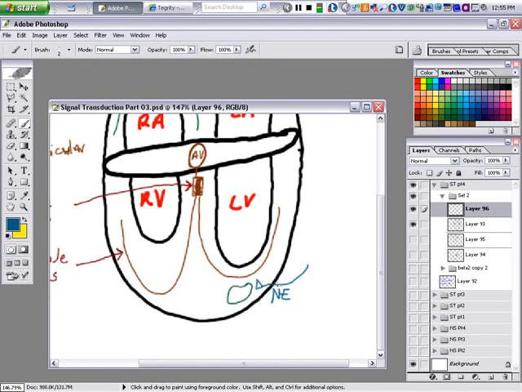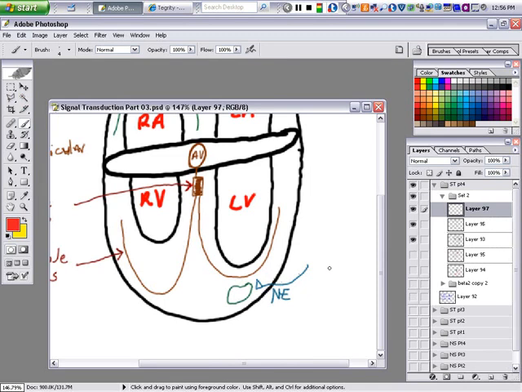Now what we're going to do, now that we see where everything fits, we're going to talk about this situation right here. We've already talked about what norepinephrine does to a heart cell, but let's just see what happens. Let's say you have a ventricular cell and it's receiving a signal from the Purkinje fibers to contract. It's being depolarized. Let's see what happens. Everyone see where we're going? We're not even going to look at the norepinephrine right now.